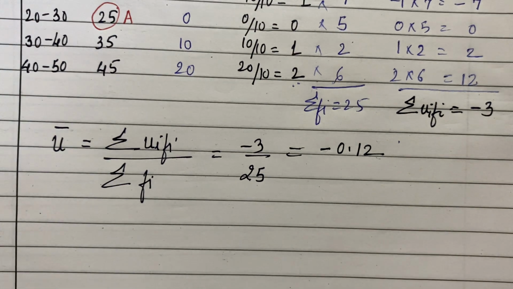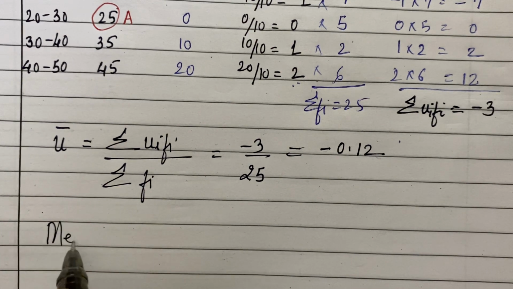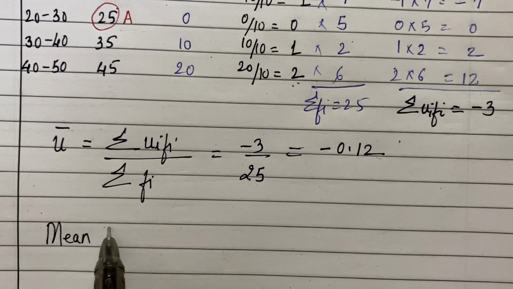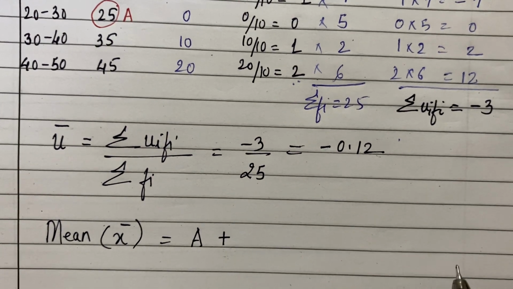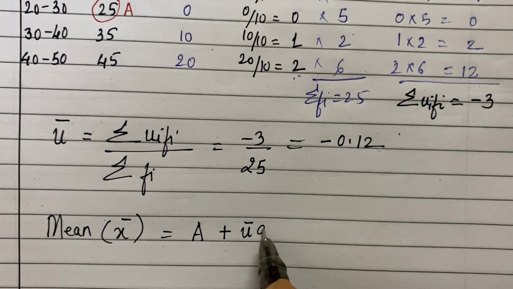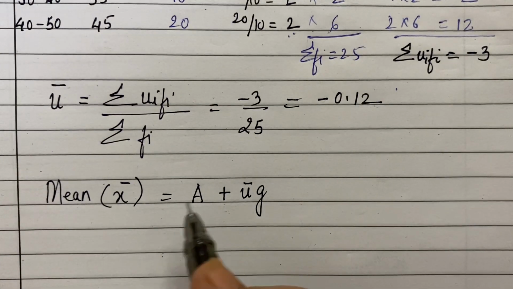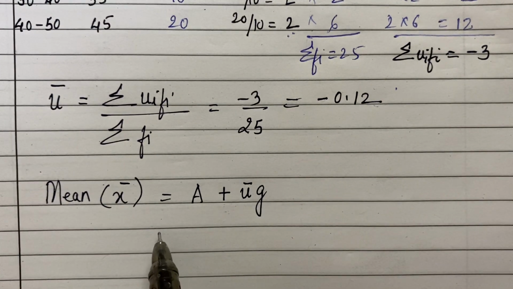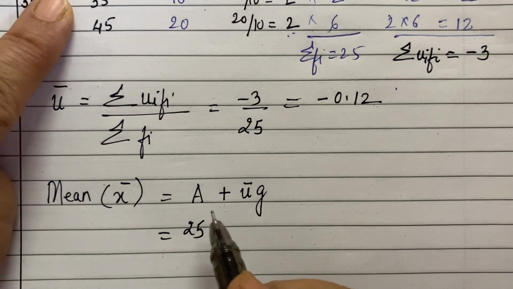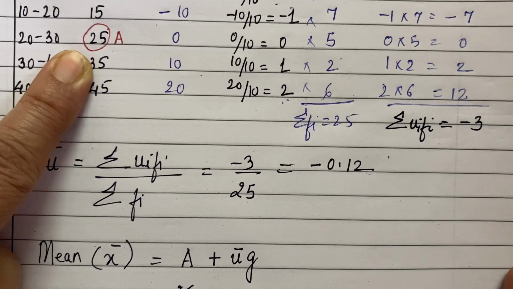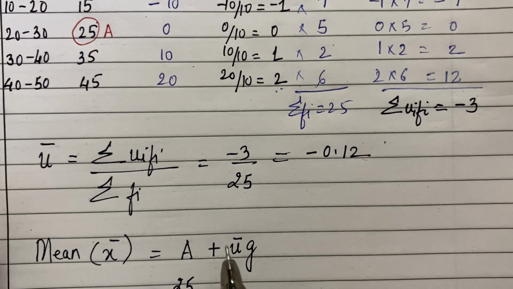Now we find out the mean. The mean of the rupees, that is x bar, will be assumed mean plus u bar into g. What is your assumed mean? It is 25. A is 25 here. What is u bar?